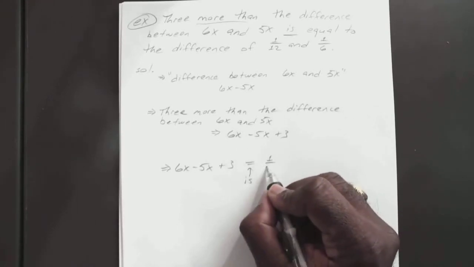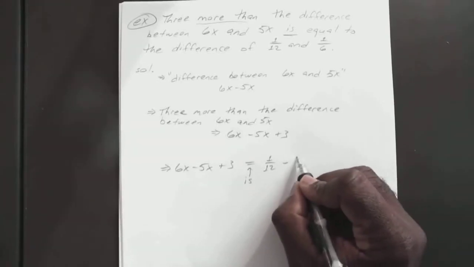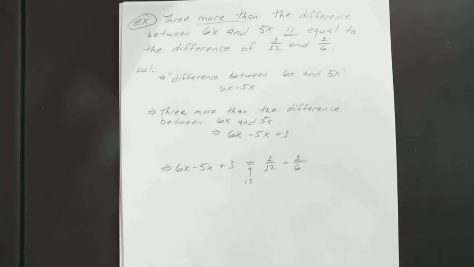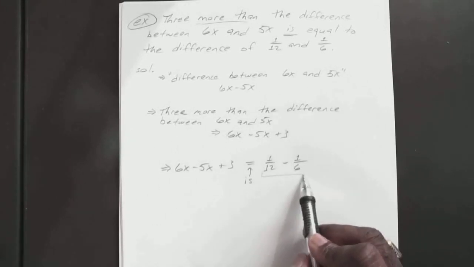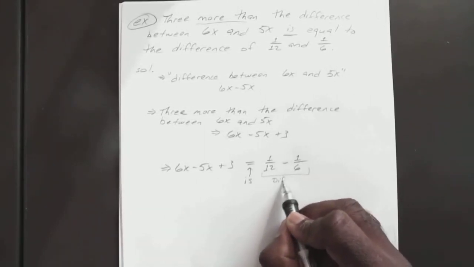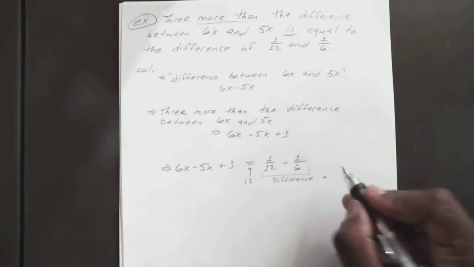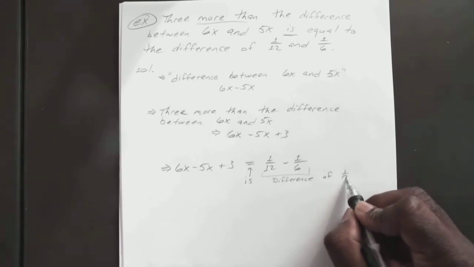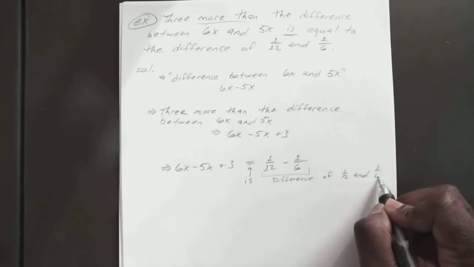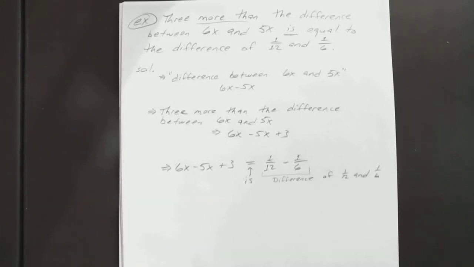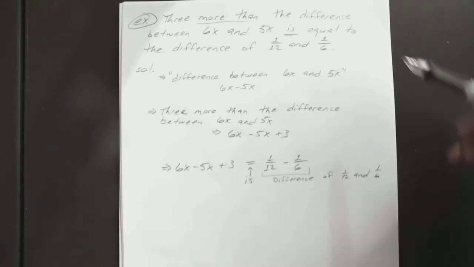So 1 over 12 minus 1 over 6. So we just converted this story problem to an actual equation, and now we can go ahead and solve it.